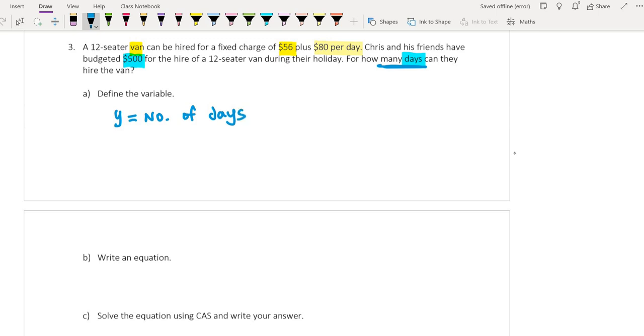and then write the equation. So here we know we have a fixed charge of $56 to start with, so that's just fixed and that doesn't change. What does change every day is this daily charge, which is $80.